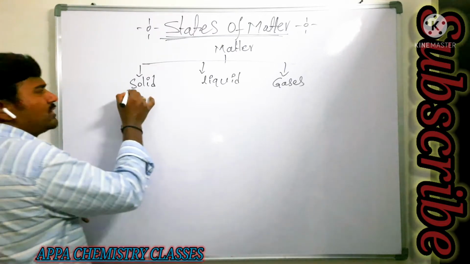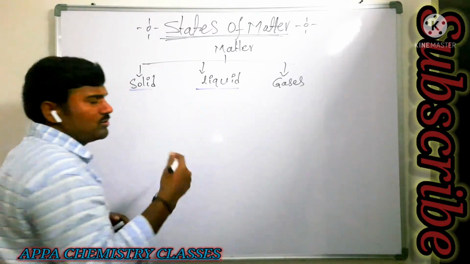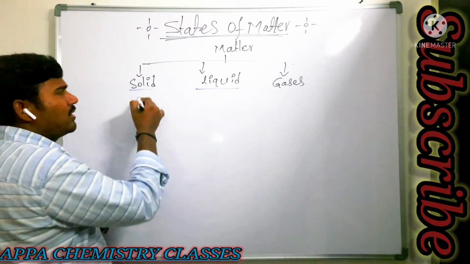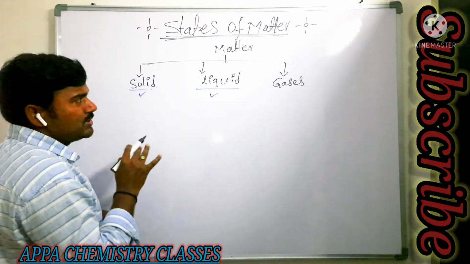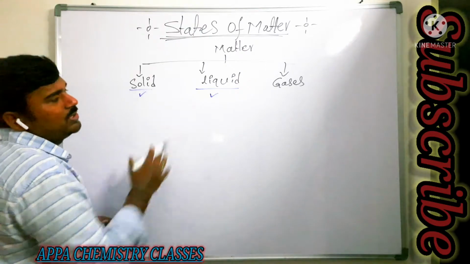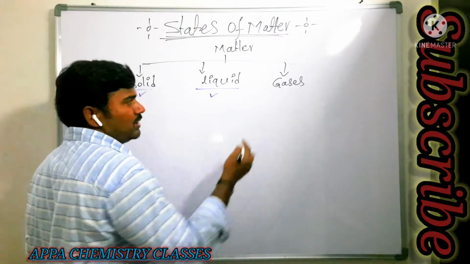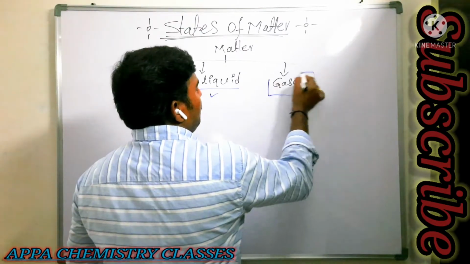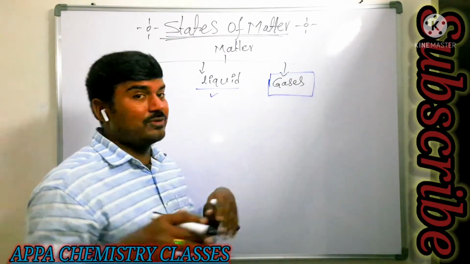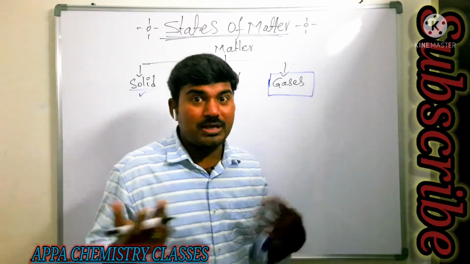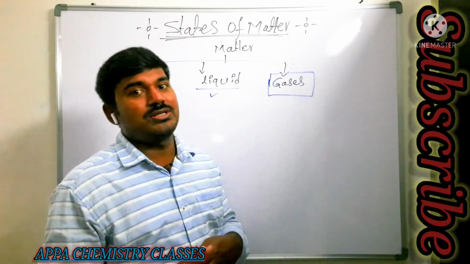The solid state and liquid state we are going to learn in the second year, that is solid state chemistry and solutions. There we will discuss a complete study of solids and liquids. In this first year, class 11, we are going to see the gaseous state only. Other than room temperature, we have other states of matter also: plasma state, Bose-Einstein condensation state.